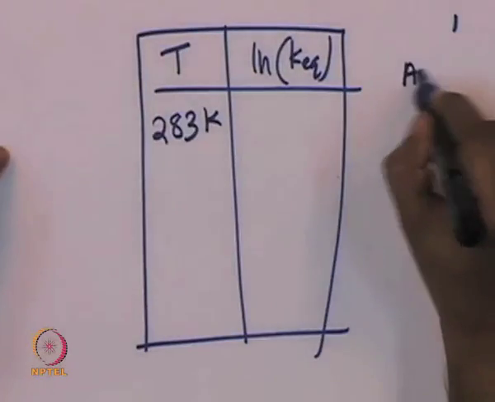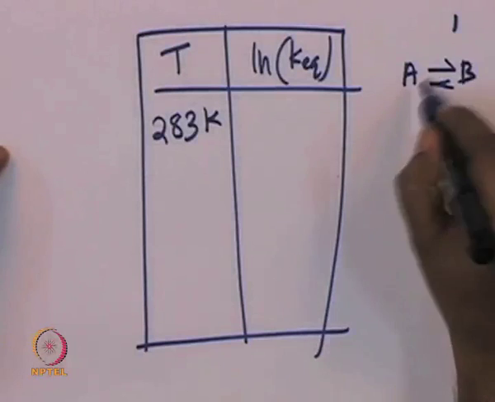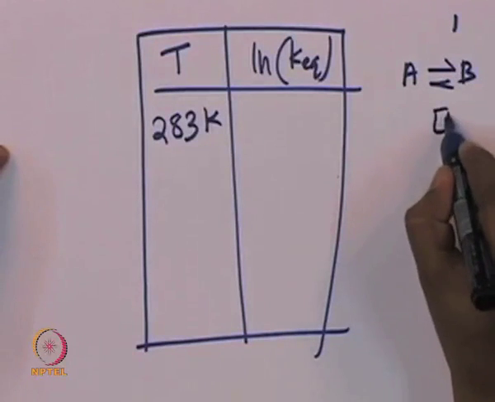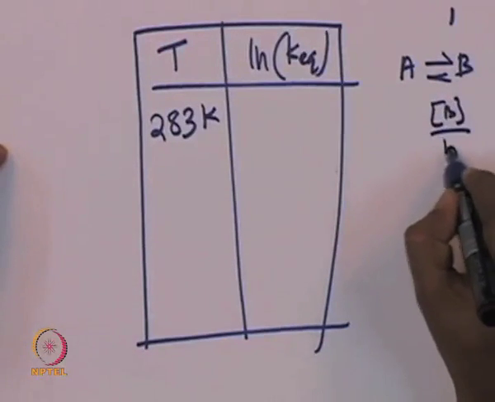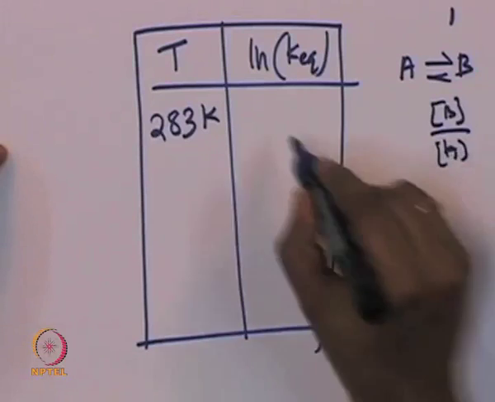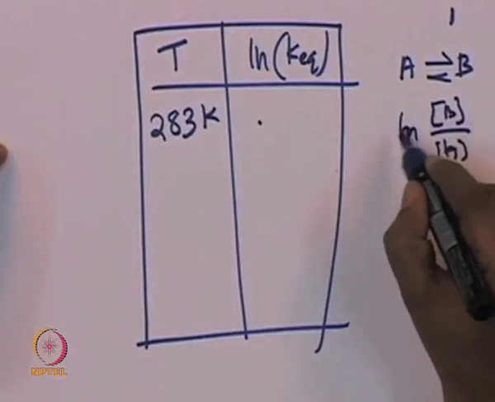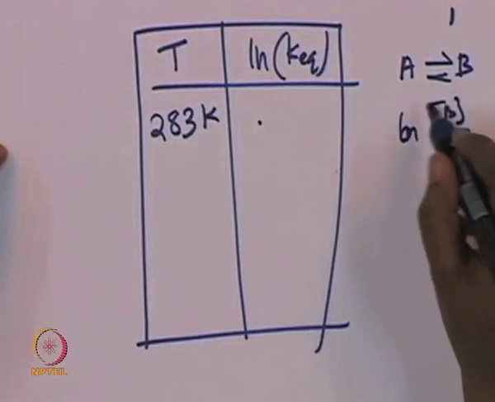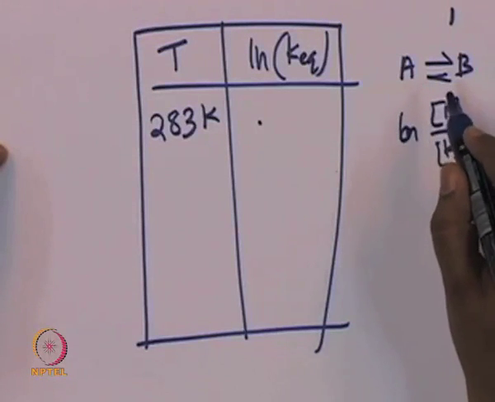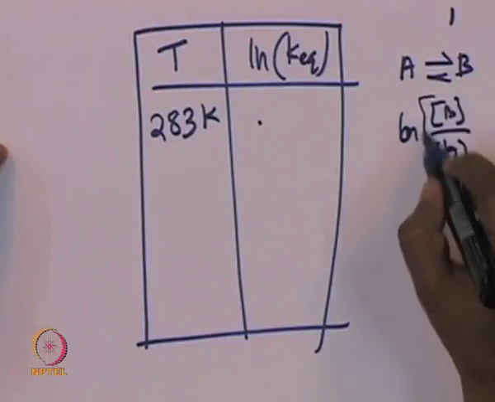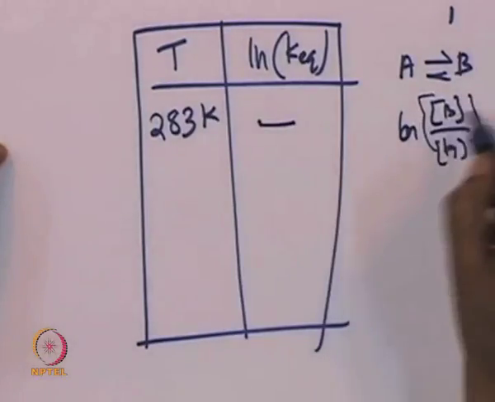A will go to B and back, and when it reaches equilibrium, you can calculate the concentration of B by A, and that value is basically k equilibrium, and the log of this you can write here, log of k equilibrium.